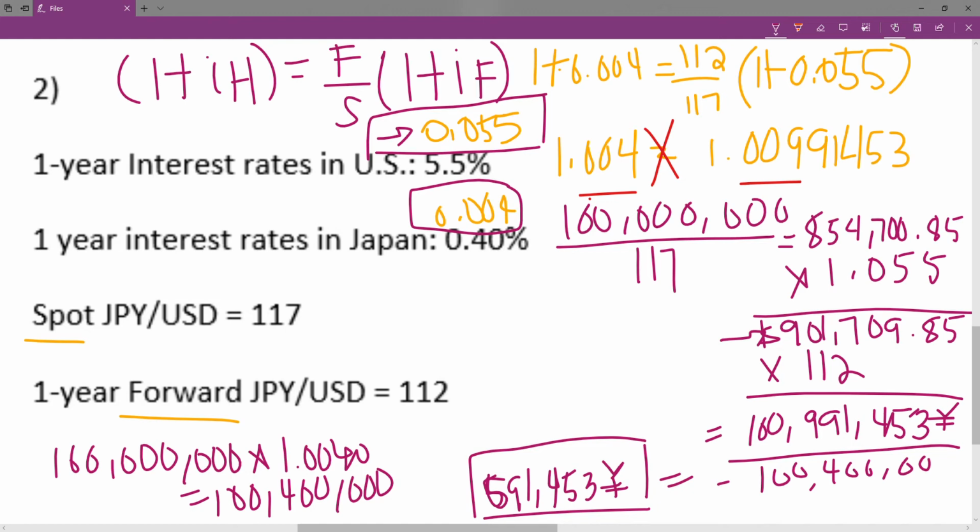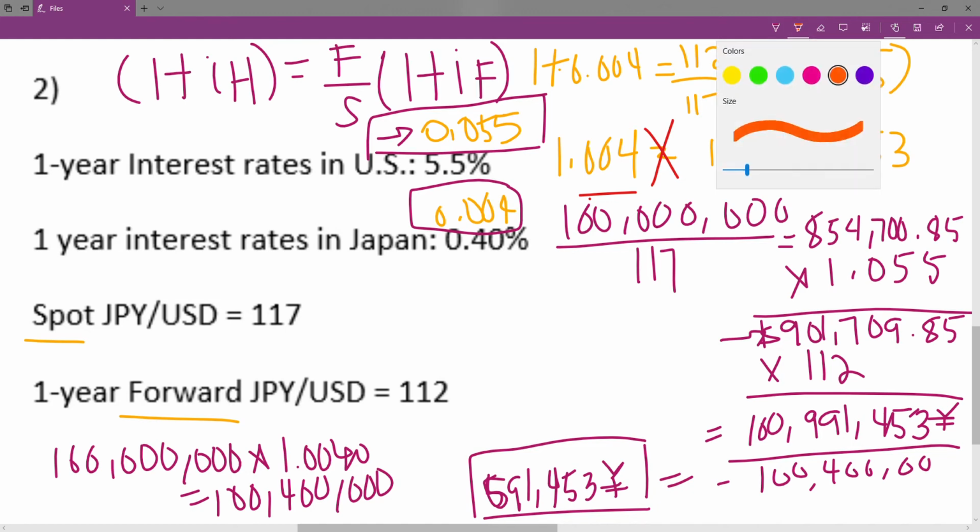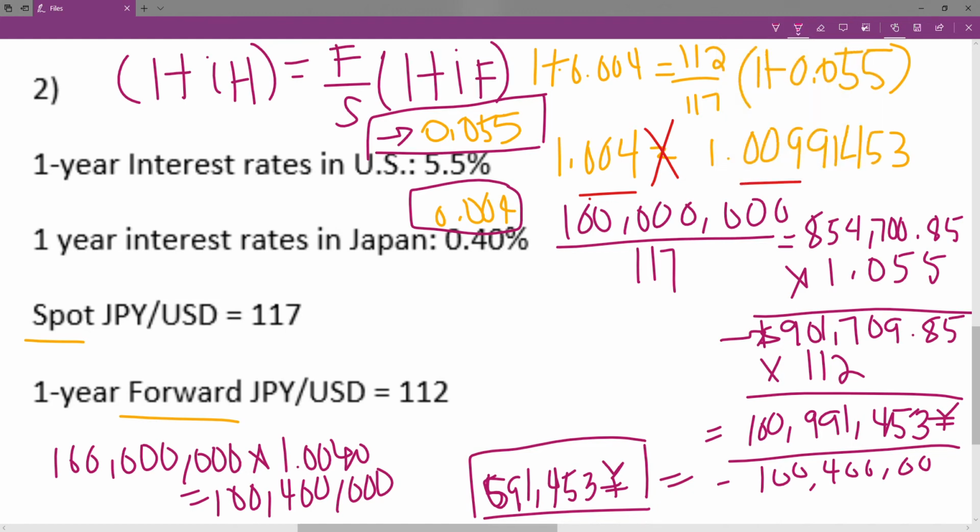So there's 3 steps that happen here. First, we calculated our opportunity of arbitrage. So that's 1. Then we calculated our spot, which is right here, 2.